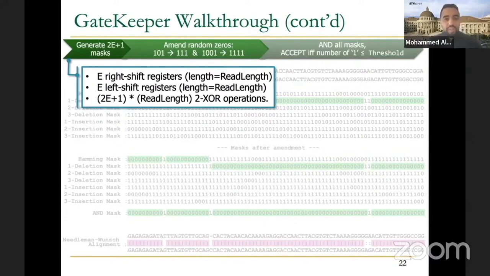Now for the shifted masks, the deletion and the insertion masks, you need a shift operation first, and then you can do the XOR, right? And it's up to you to leverage the shift operation you applied already earlier to the query. So once you shifted by 1 step and then you do the XOR, you can shift it again by 1 step to do the 2 deletion mask, right?